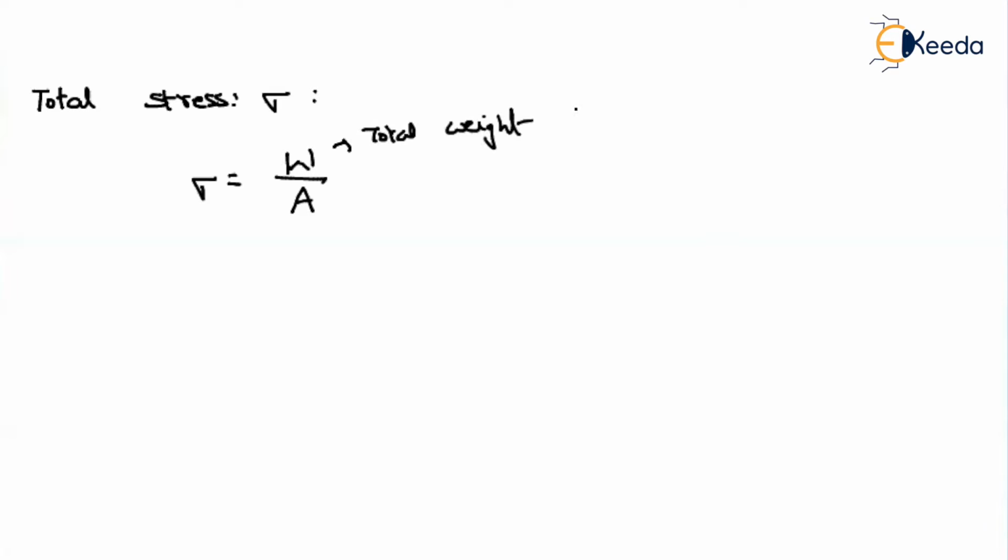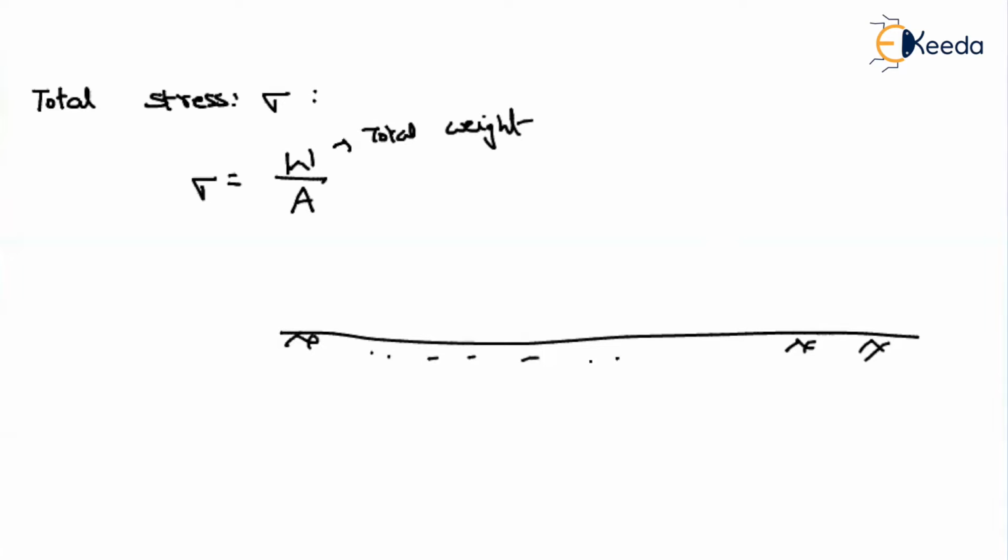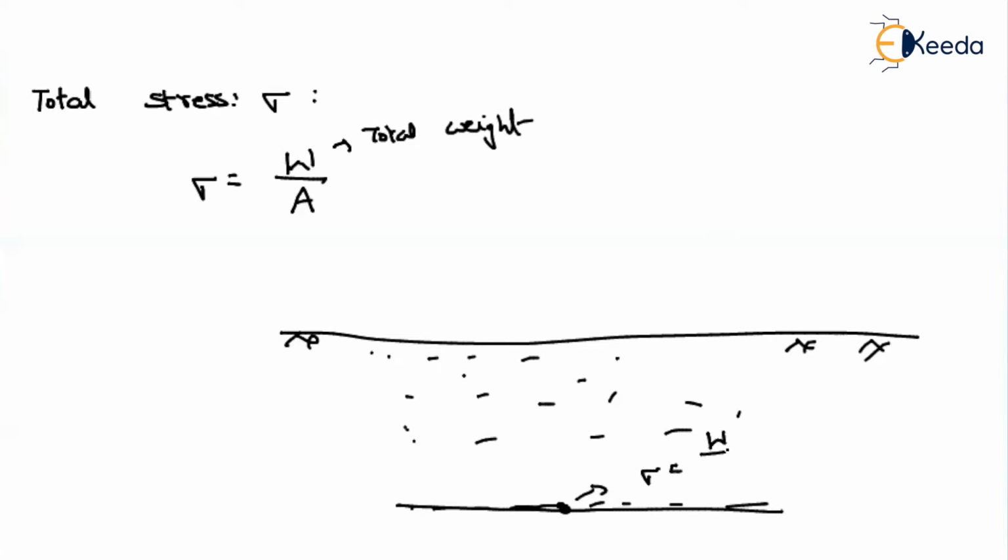Let us say this is a natural deposit of soil, and wherever you want to find out the stress, suppose along this layer, at any point along this layer, it will be equal to weight divided by A.